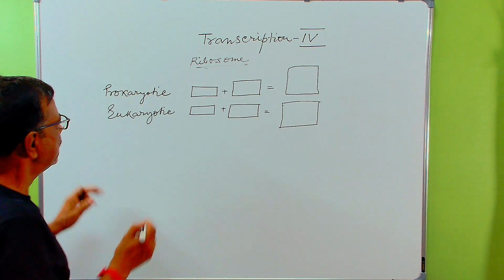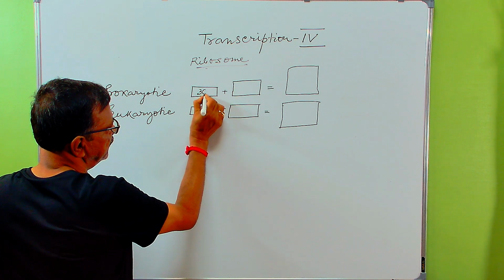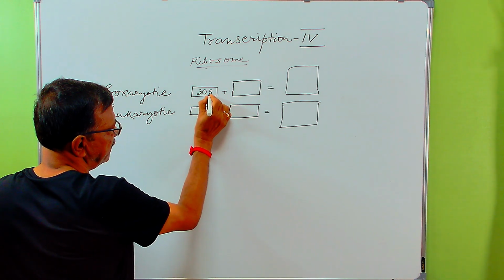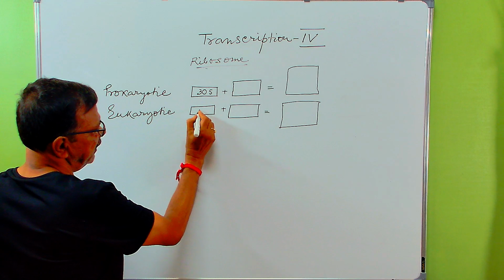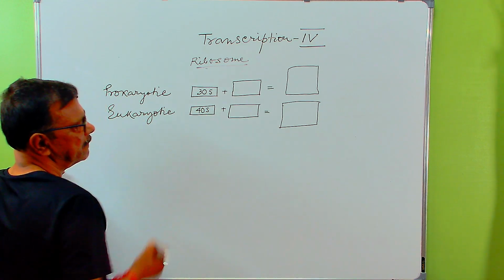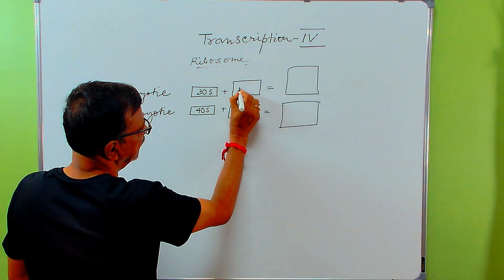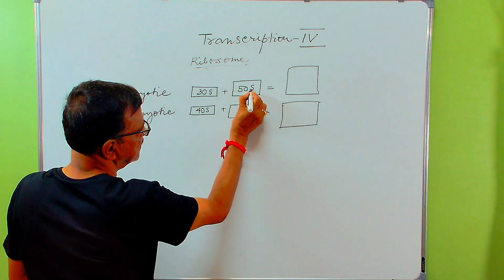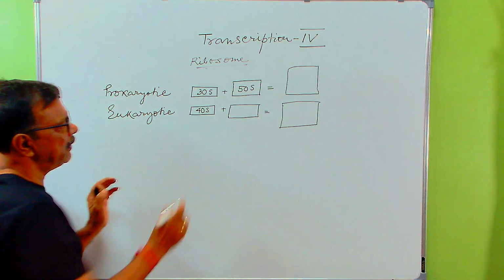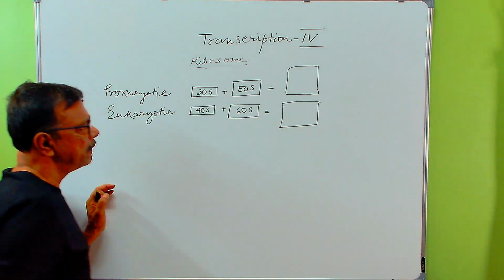In prokaryote, this is made up of 30S. In eukaryote, it is made up of 40S. In prokaryote, it is 50S. In eukaryote, it is 60S.